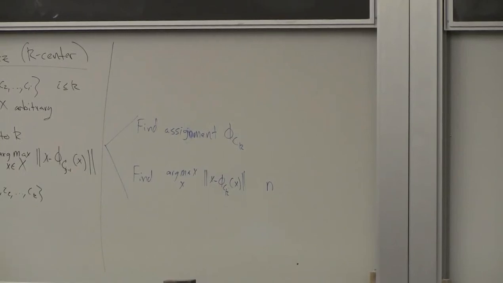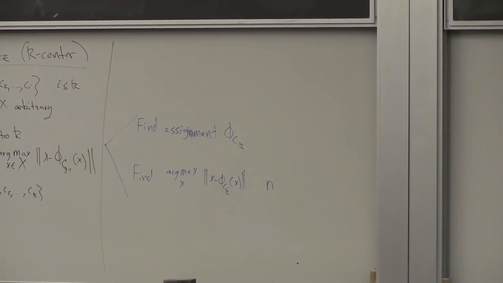If I don't have any more information, the simple thing I can do is build one of these data structures we talked about a week ago on top of the existing centers, and then it's going to basically take n times only log k time, right?